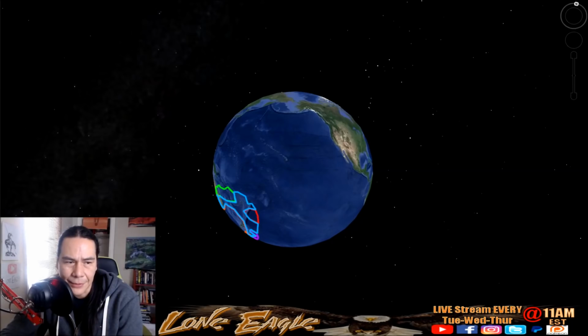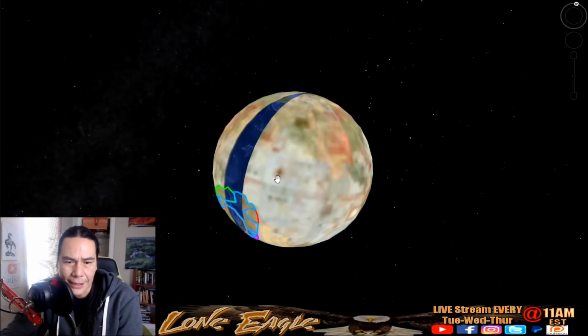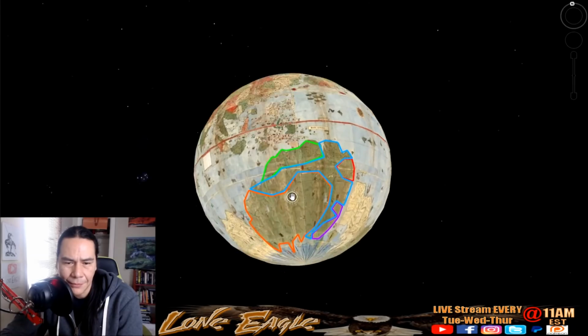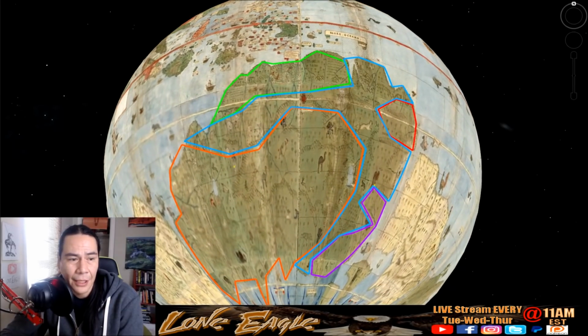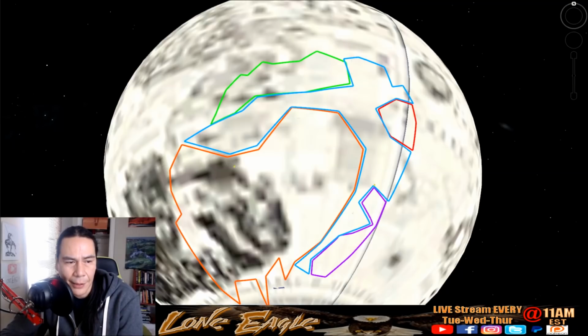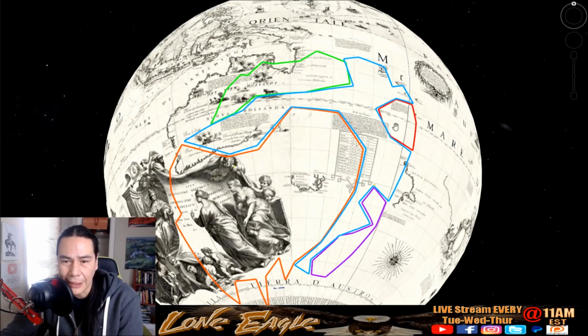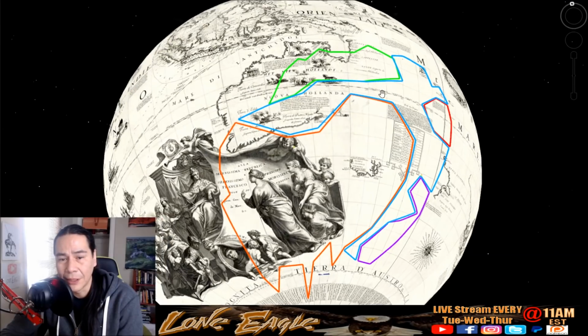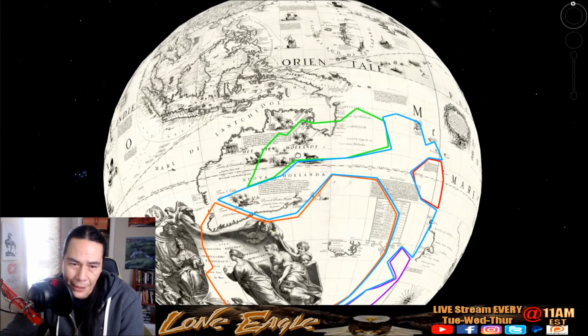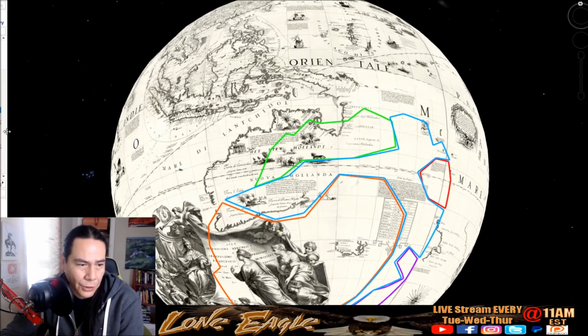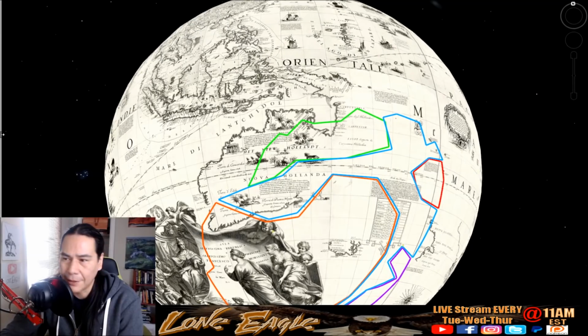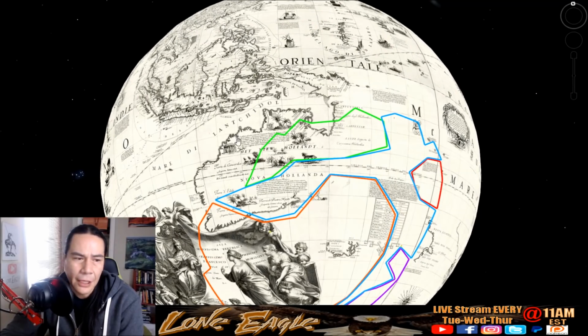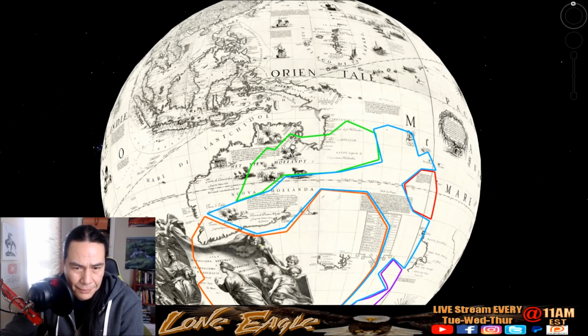Now, look at this. I showed you guys this map here of Australia. Well, what I think happened here. Now I'm going to show you another map. Okay, now check this map out. I'm going to leave these colors on just to show you where it was on the other map. Now you can see, this is a world globe map from 1693. Okay, I just moved the file over there. From 1693, and they're starting to map out Australia.